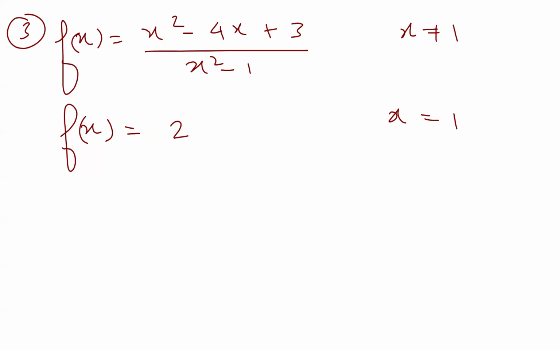Now first part that we are supposed to focus on is LHL, left hand side limit. So limit x approaches 1 minus. We are discussing the continuity at 1, so we have to reduce the value of 1 by a very small value. So x approaches 1 minus.